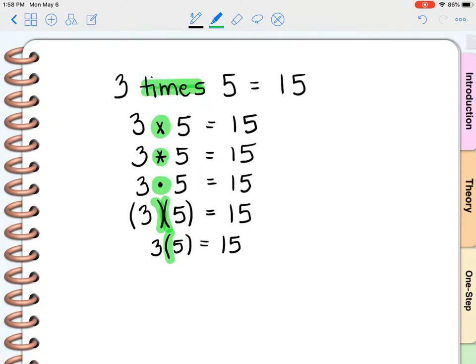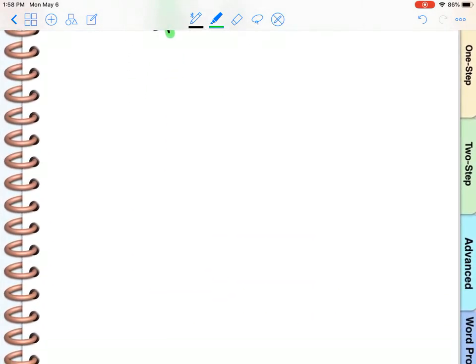So we have to know that all of that means exactly the same thing. But what happens when you need to say this? Oops, get back to my pencil. What if you needed to say 3 times an unknown number?